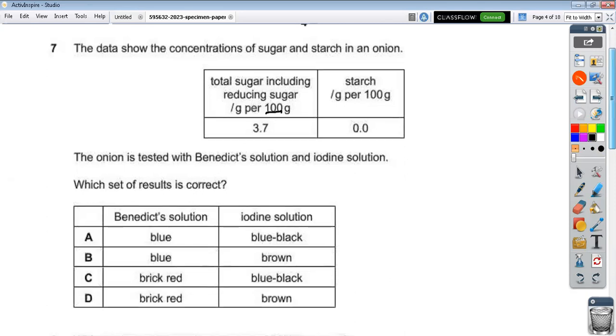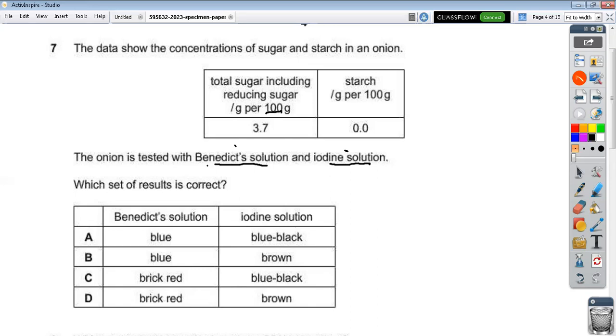Also this is reducing sugars and this is starch. The onion is tested with Benedict's solution and iodine. I'm sure you know that here we're testing for reducing sugar, and here we're testing for starch. Now, which set of results will be correct?